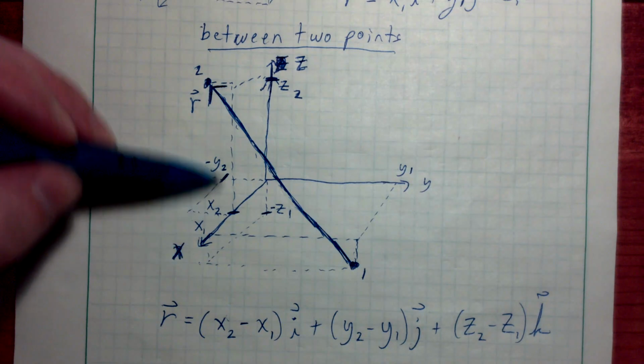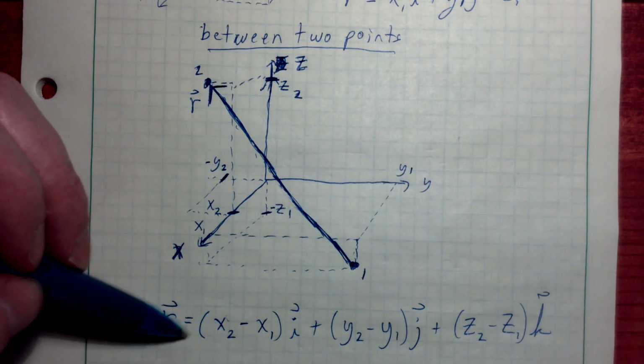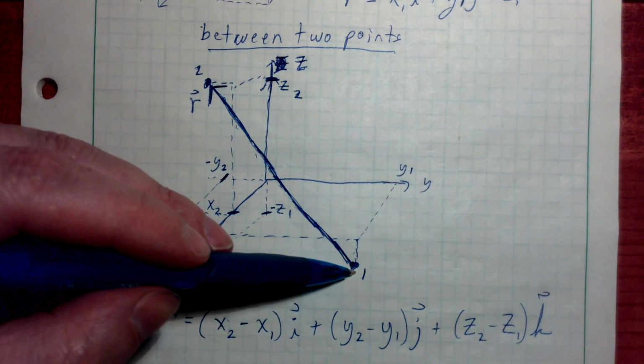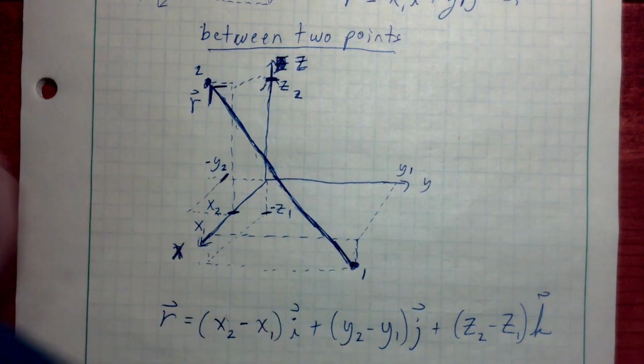So if I had actual numbers for point 1 and point 2, then I could generate a vector, and if I have something connecting them, like a cable or a rope, I could describe the x, y, and z components of that cable between the two locations.